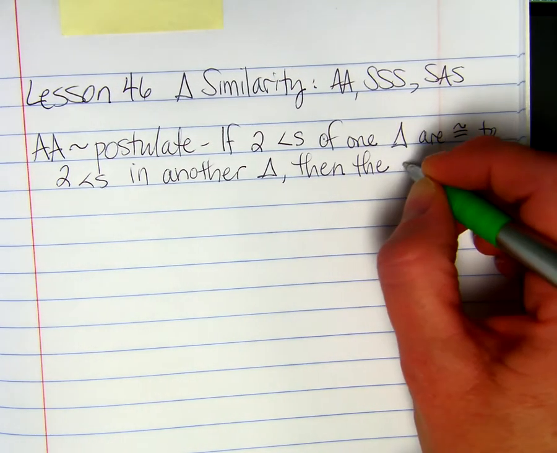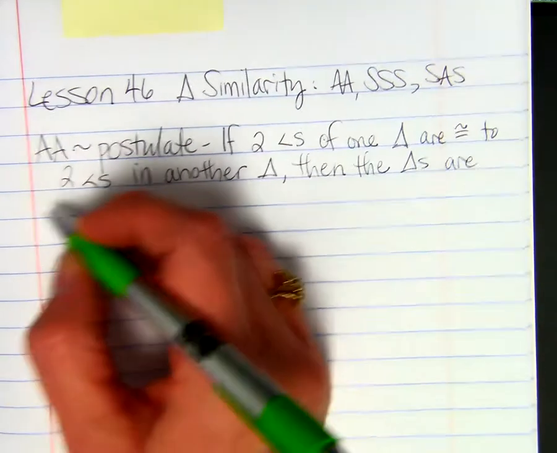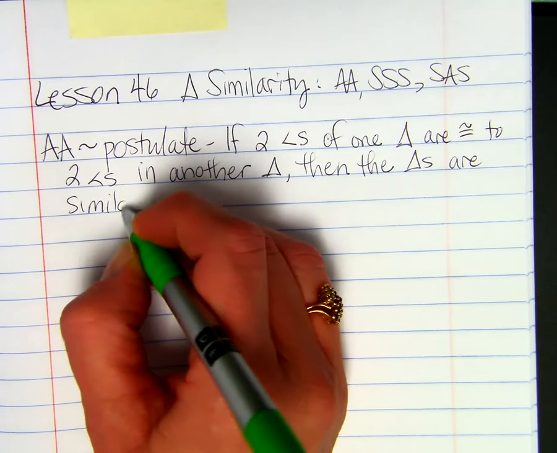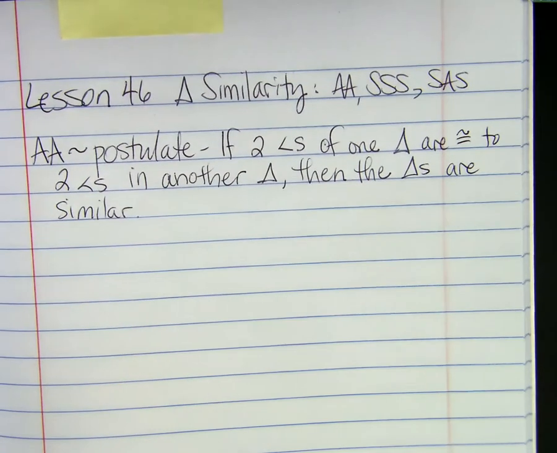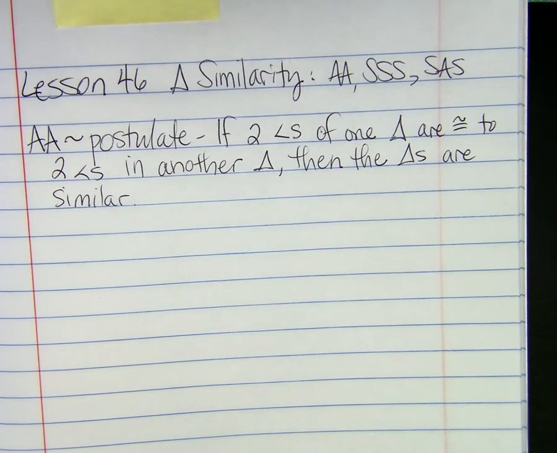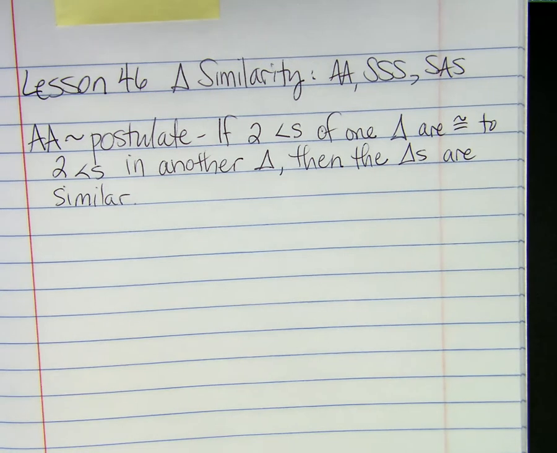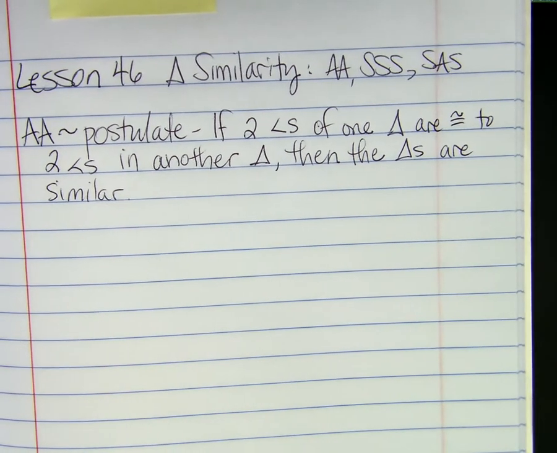Yep, because of the triangle angle sum theorem, the third will also be congruent. So you don't have to say the angle, angle. You would just say the AA similarity postulate.